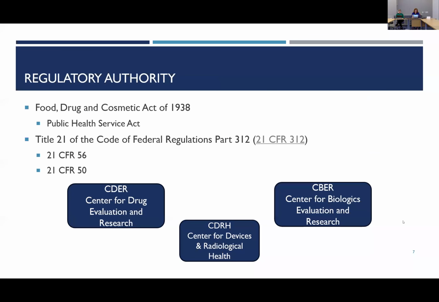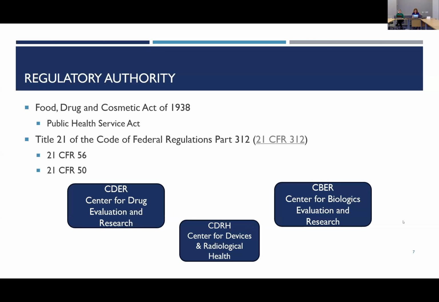So as far as finishing out that regulatory authority piece here, I mentioned the history already of the FDA. And so if we go back to the Food, Drug, and Cosmetic Act, that was actually put into place in 1938. And it's the regulations under 21 CFR 312 that are specific to investigational new drug applications.